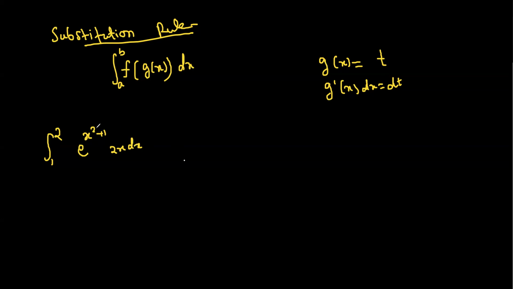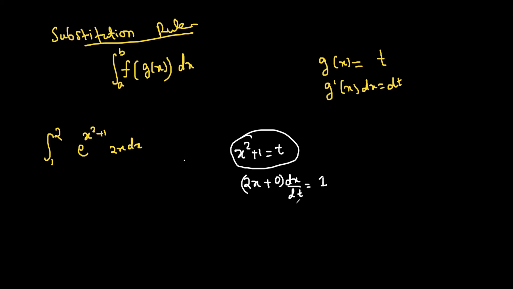Let's suppose x square plus 1 is equal to t. Differentiate this function. Differentiation of x square is 2x and differentiation of 1 is 0. dt upon dx, and differentiation of t is 1, right? Shift dx to the right side, and when you open the bracket you will get 2x dx.